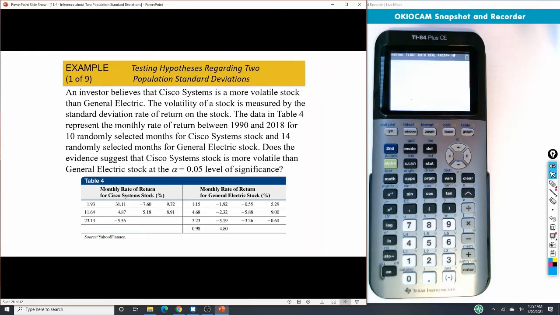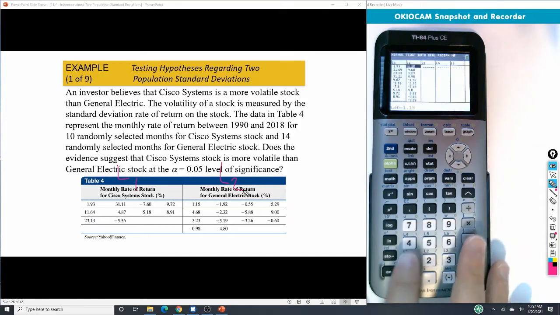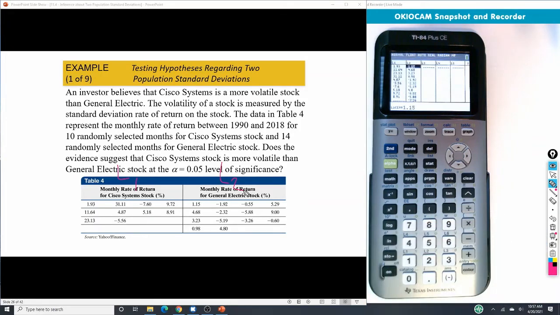Since they gave us a table, we're going to put these into L1 and L2. This is L1, this is L2. I've already done that, so when I go into Stat and Edit, I've already got those values in there for us. It's okay that there's not the same number of values. We're looking at standard deviation, so we don't have to worry about that. We're going to be calculating those things in the calculator.